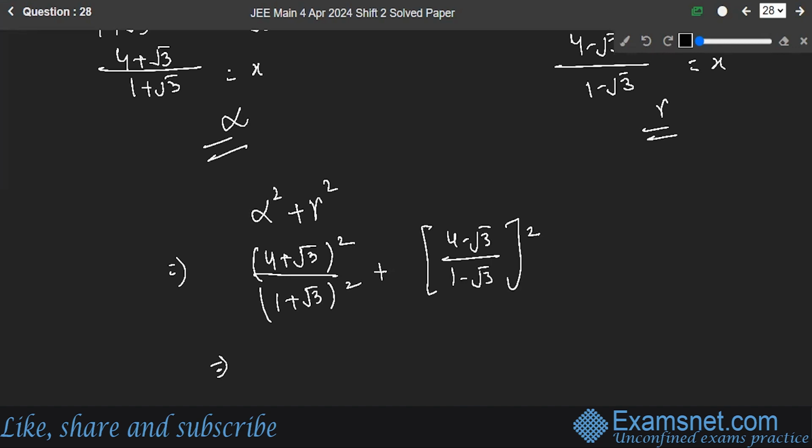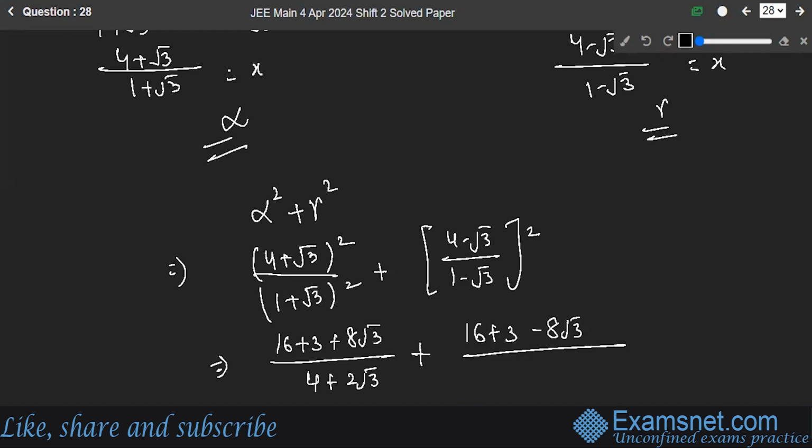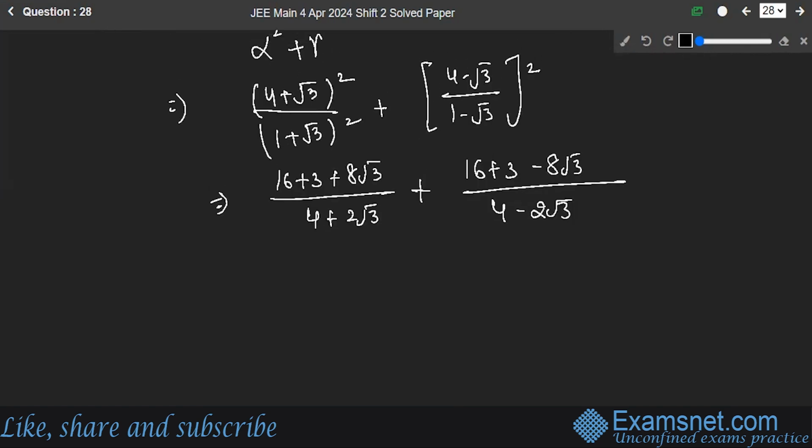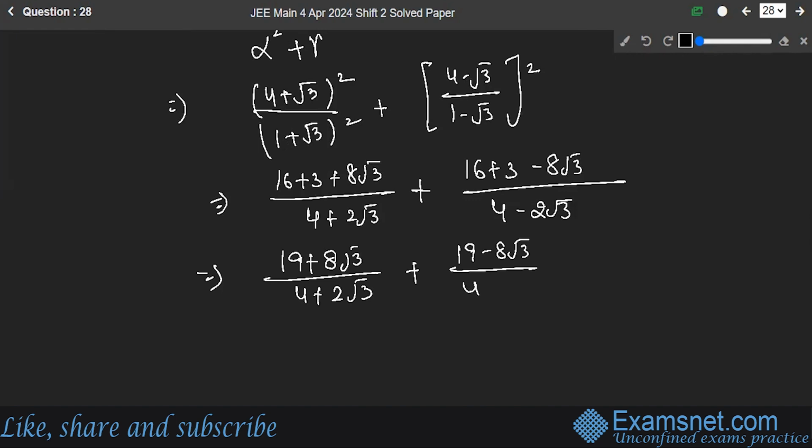First of all, this will be 16 plus 3 plus 8 root 3 upon 4 plus 2 root 3 plus 16 plus 3 minus 8 root 3 upon 4 minus 2 root 3, right? So this is 19 plus this 4 plus this 19 minus 4 minus, let's take the LCM.